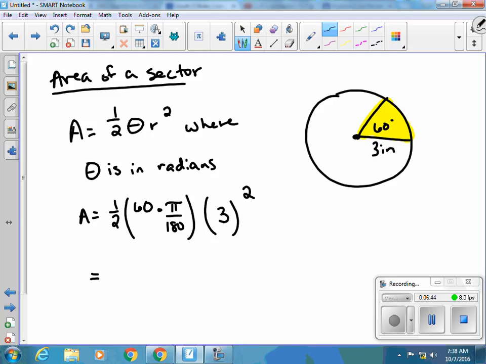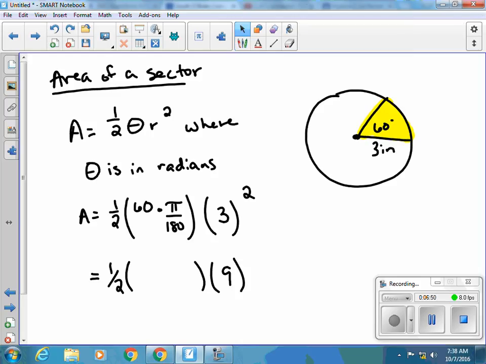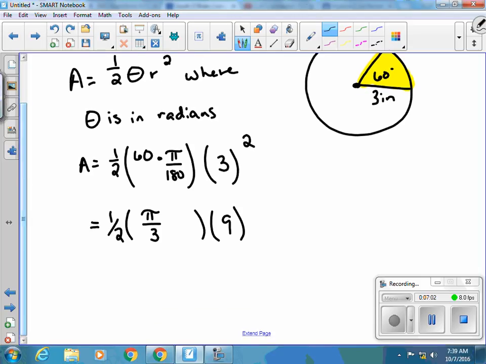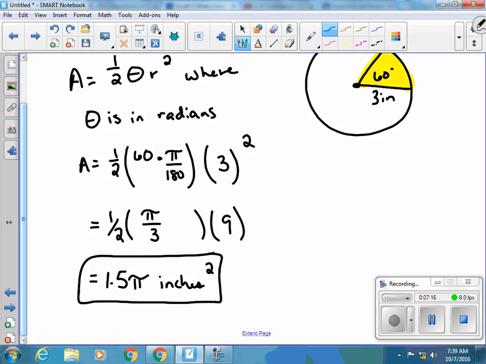Okay, so I've got 1/2, then I've got 9 here, 60 over 180, cross out the zeros and we get pi over 3. Then 9 over 3 gives me 3. Half of 3 gives me 1.5 pi. And we're dealing with inches. And because we're dealing with an area, it's squared.